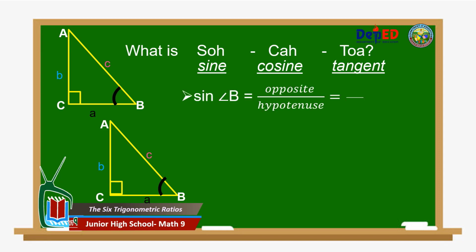Let us start first with sine. Using B as our reference angle, sine of angle B is opposite over hypotenuse. That came from SOH.